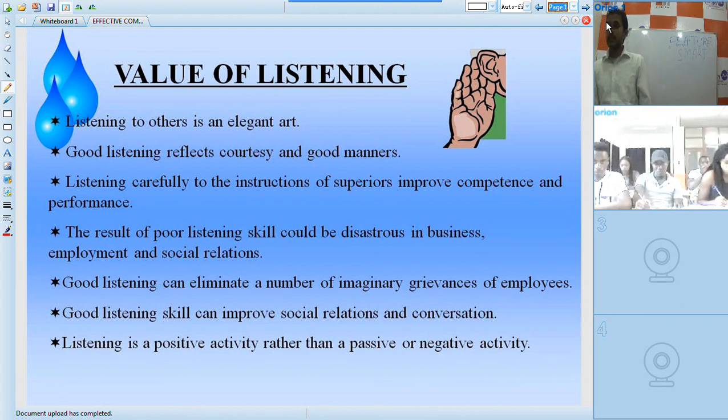So a good listener can establish a good relation with the organization, in business, in employment or even in social relations.